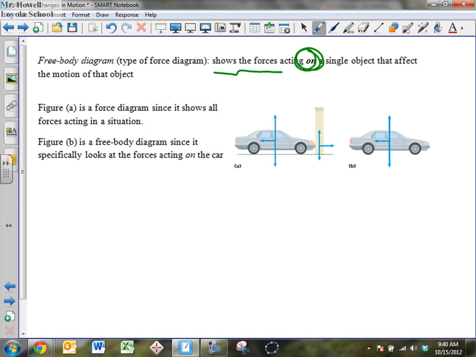So, let's say I look at a person standing still on the ground, and this person is holding onto a bucket, say a bucket filled with sand or water. If I were to describe the whole situation, I would have to look at the ground, the bucket, and the person.